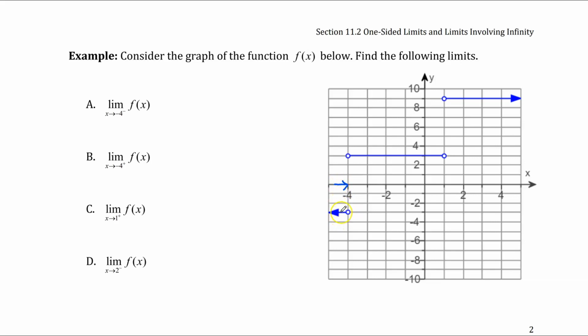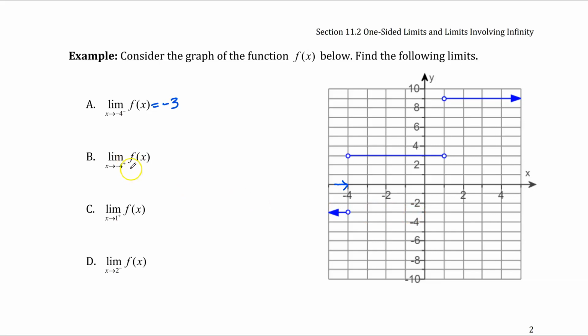All the points will be mapped here, and that is y equals -3. So therefore, we say that the limit of the function f of x as x approaches -4 from the left is equal to -3.